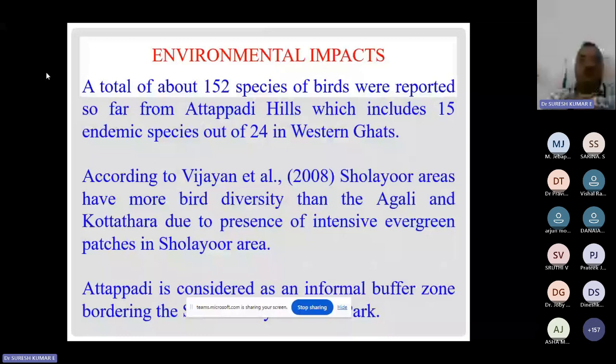According to a study by Vijayan et al. in 2008, Sholayur areas have more bird diversity than Agali town and Kottathara due to the presence of intensive evergreen patches in Sholayur. But unfortunately, the mortality rate is higher there. Attapadi is considered an informal buffer zone bordering the Silent Valley National Park.